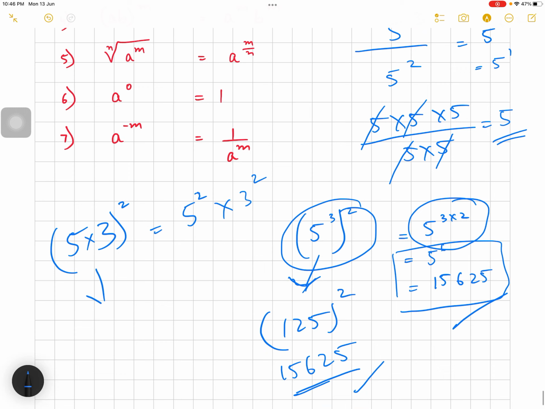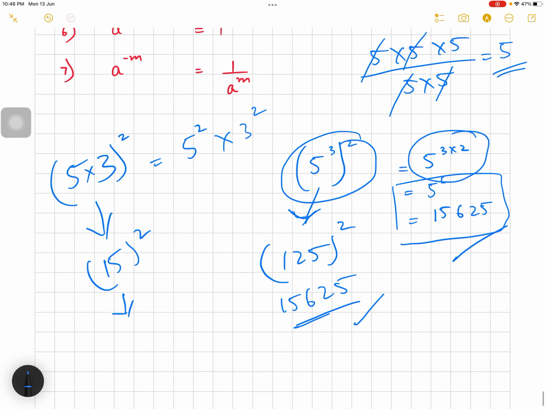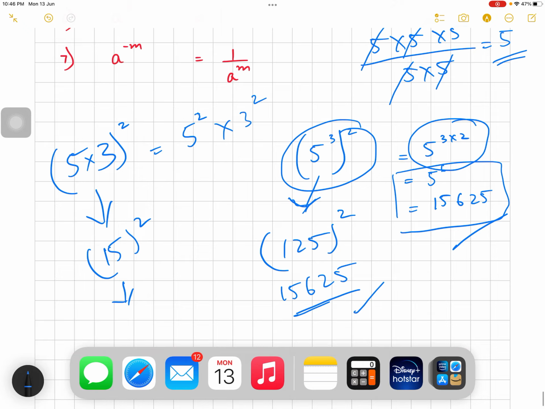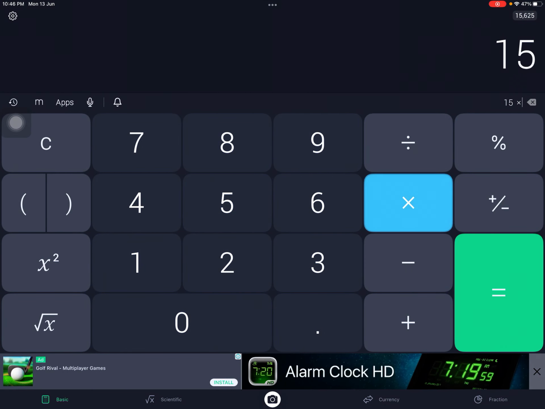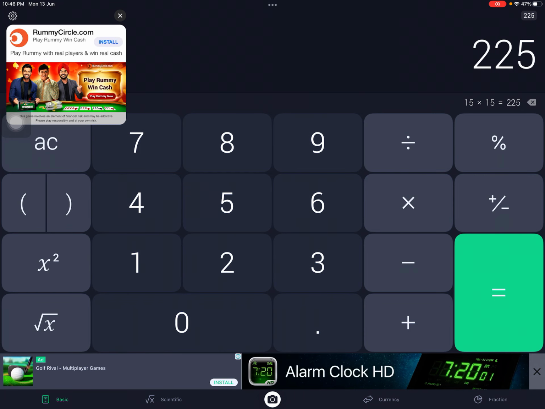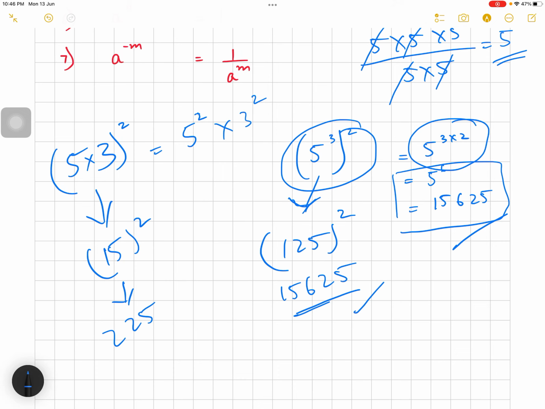Let us check. Now 5 into 3 is 15. 15 square, right? And how much is 15 square? 15 into 15 comes to 225. Now what is 5 square? 5 square is 25. 3 square, 3 threes are 9.